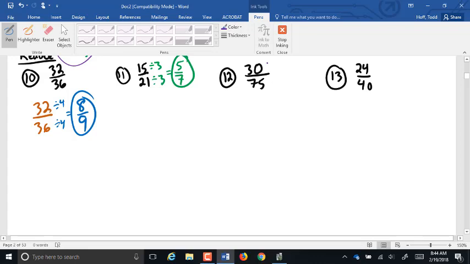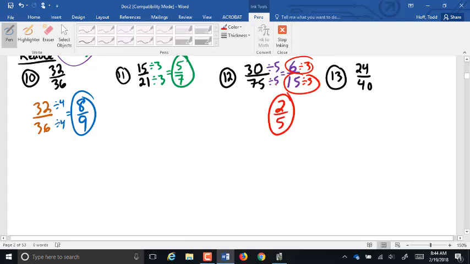30 and 75 can both be divided by 5 works. What's 30 divided by 5? 6. 75 divided by 5? 15. Now we see that we can still divide both of those by 3. 6 divided by 3? 2. 15 divided by 3?